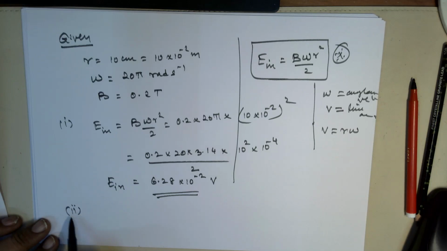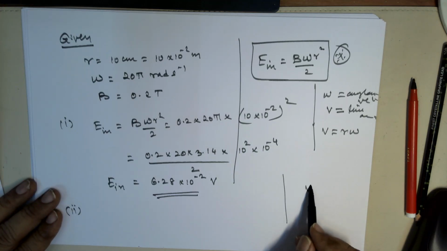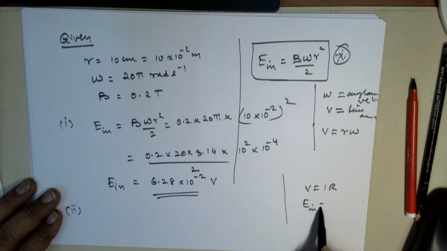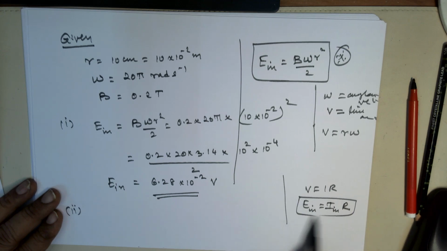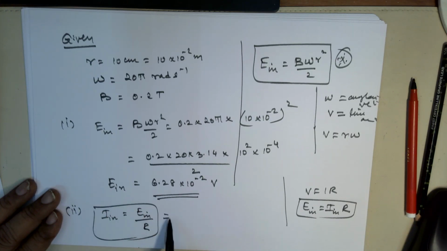Second one: they asked for the induced current. We can apply Ohm's law. V is equal to IR, so E_IN is equal to I_IN into R. So the induced current is equal to E induced divided by resistance. This formula can be adopted.